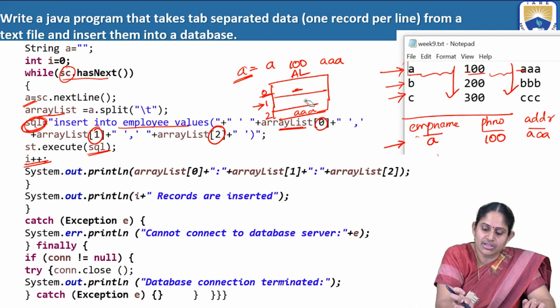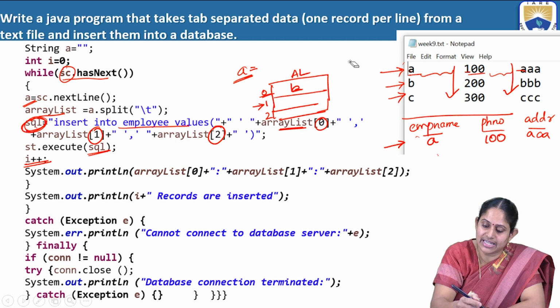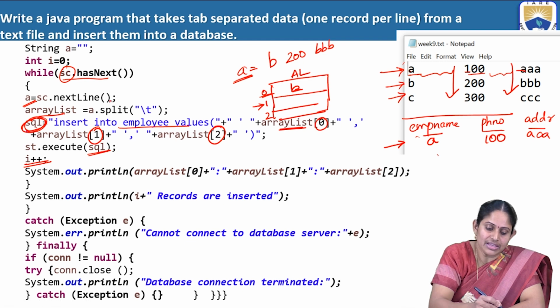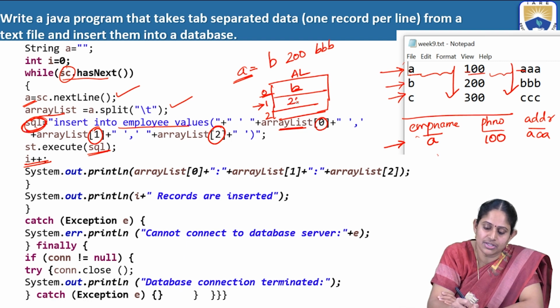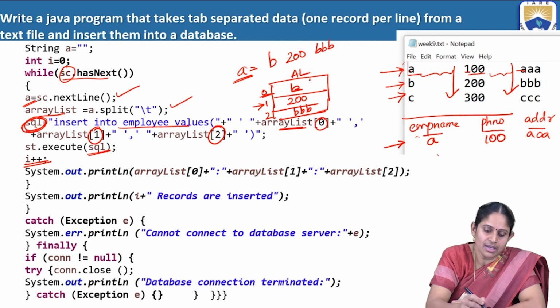In the second iteration, we will have the string A take B, 200 and BBB as the address. Once it is read, it will split and store into the array list. So the array list will contain B, 200 and BBB. Once it is split, we are creating the SQL query as a string.